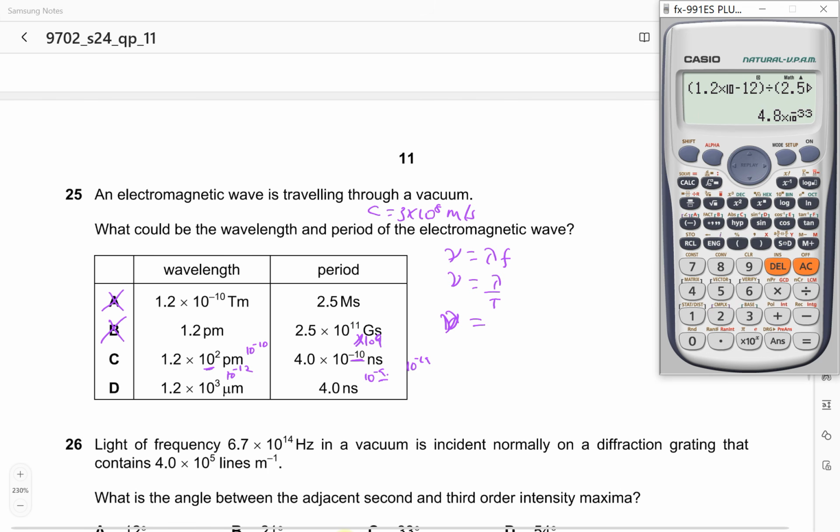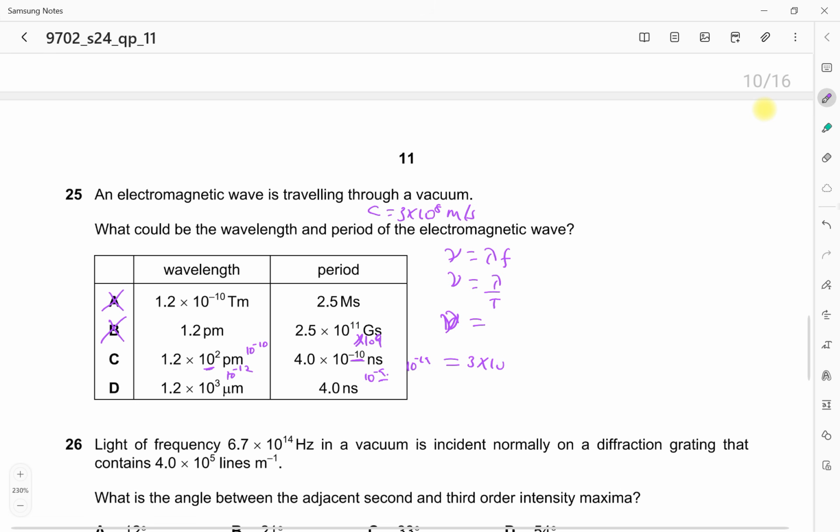So I now have 1.2 exponent minus 10 divided by 4 exponent minus 19, which is giving us 3 times 10 to the power of 8, which is the speed of light. So the answer is C.